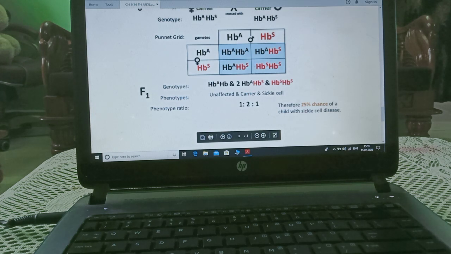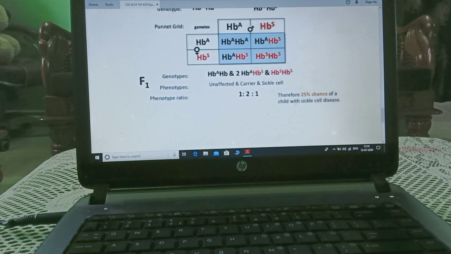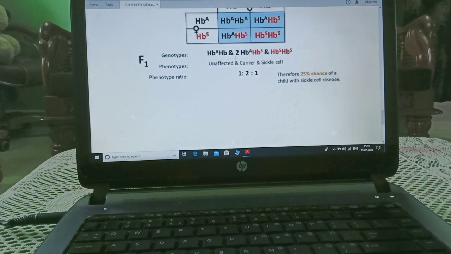This will be a purely sickle cell child. This is partial, and this is a clear child. There is no sickle cell anemia disease. So the total ratio will be 1:2:1 and 25% is of sickle cell disease in the forthcoming generation.